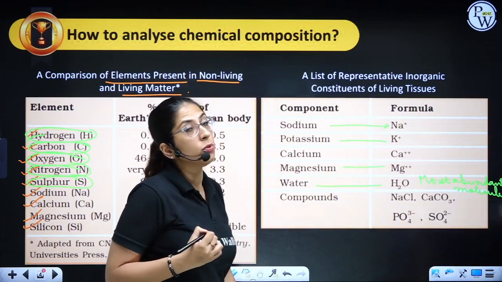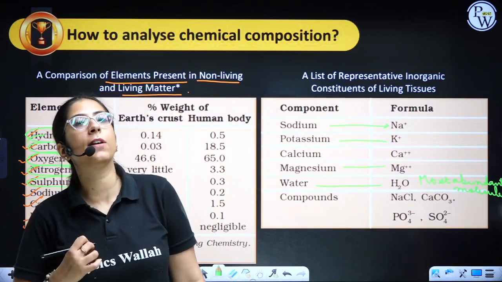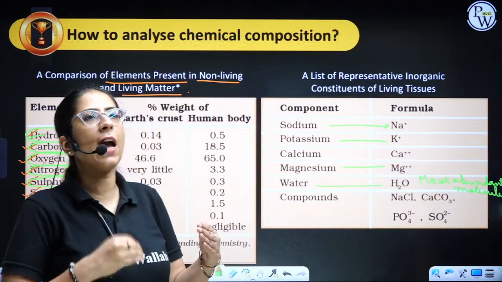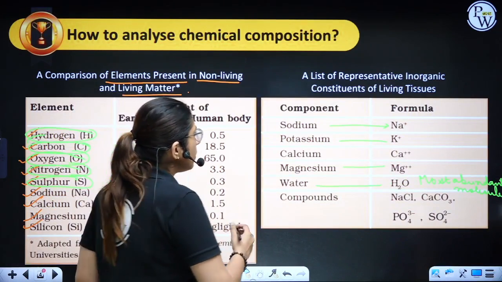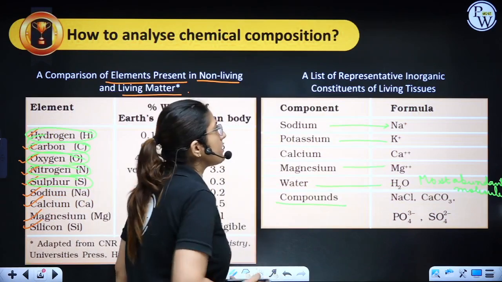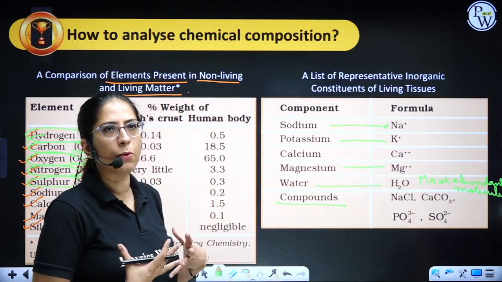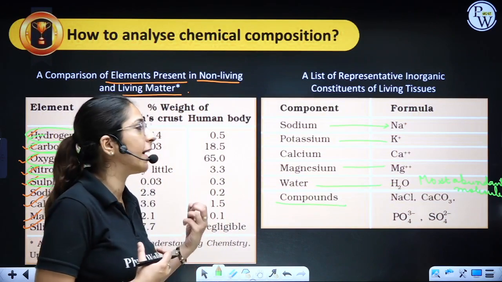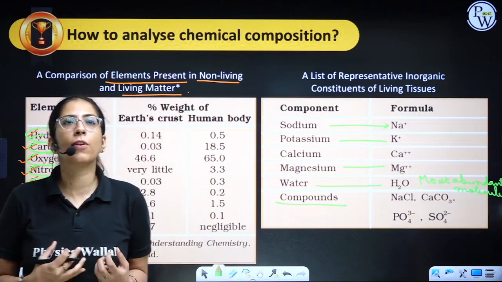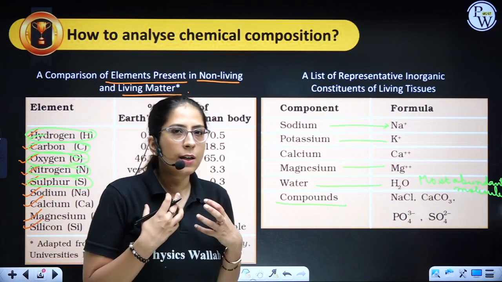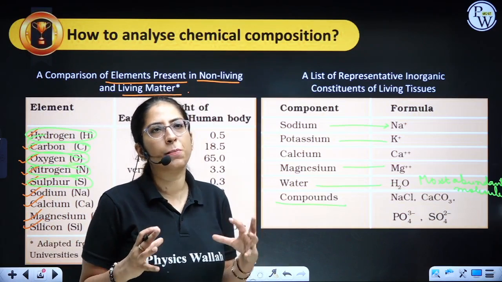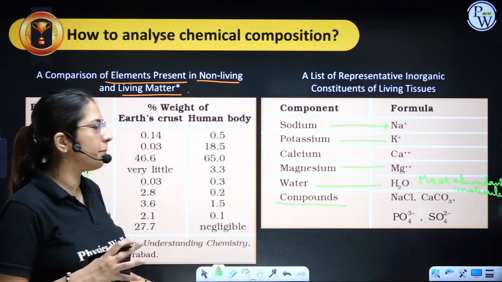About 70 to 90% of the cell is just water, and then we have protein. These inorganic substances combine together and form other compounds also. For example, you'll find NaCl, calcium carbonate, PO4 negative, and the sulfur oxide, all these things will be present.